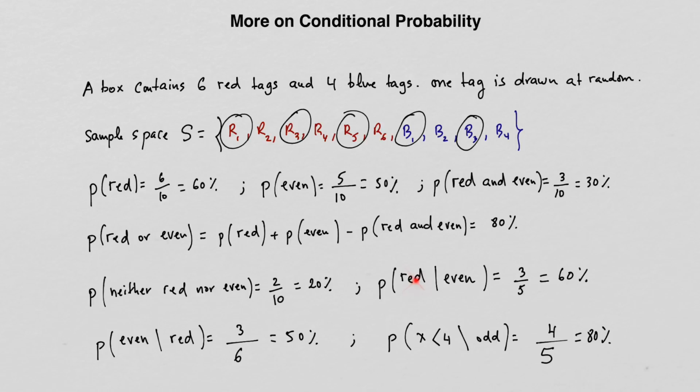So if red and even are independent, then the probability of red given even is just the probability of red, and it is true. And the same thing happens here. So the idea of being red and the idea of being even are independent events.